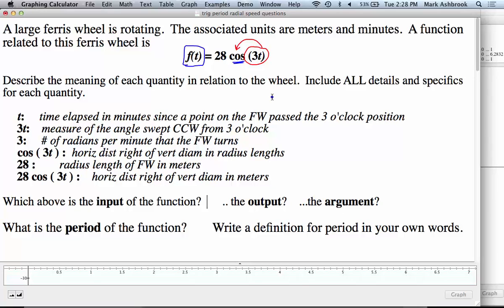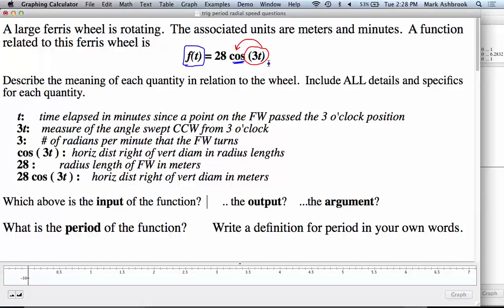Just cosine by itself. What's the period of cosine? 2 pi. So when this thing reaches 2 pi, we get one full cycle of output values.